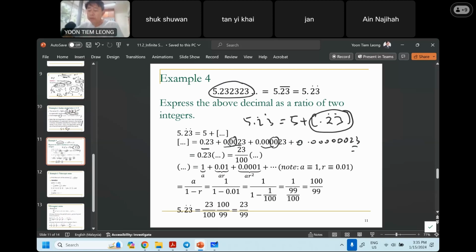So in this sense, you can now write down this 0.23 part in the form of 23/100 multiplied with a geometric series.